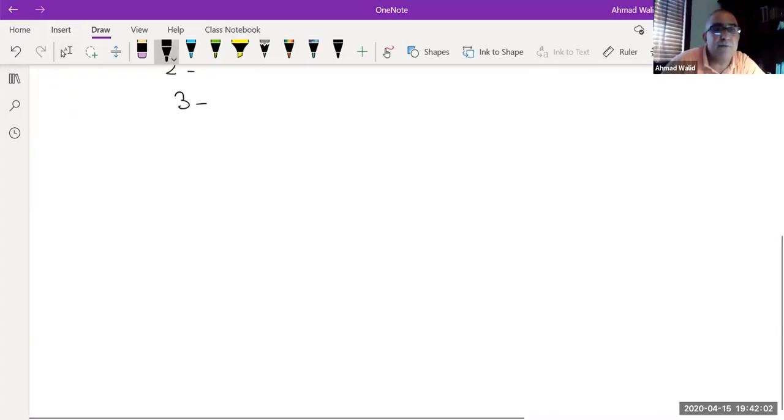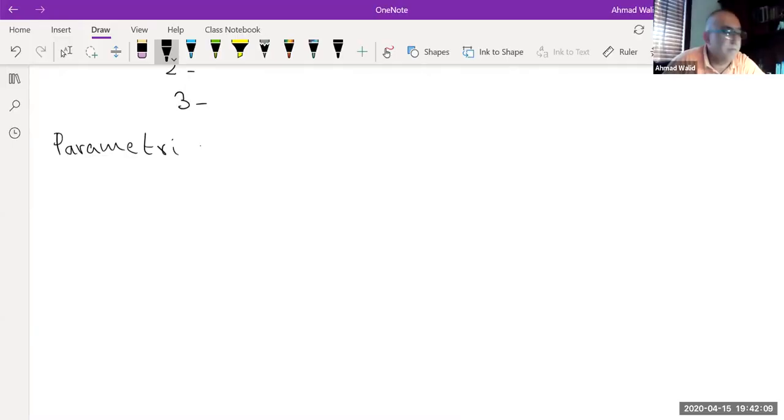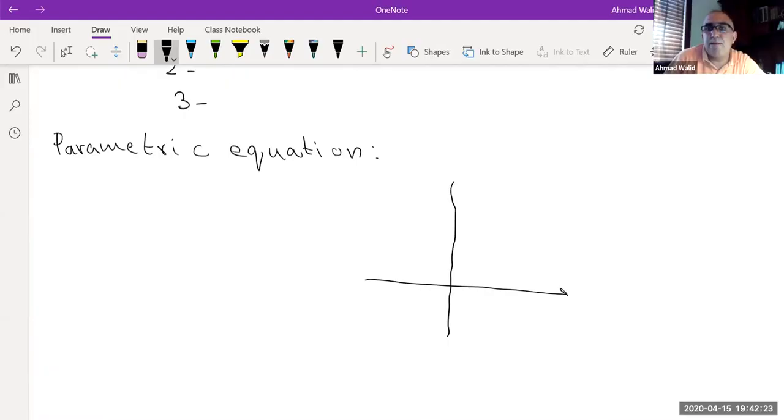Now, if I put this for you, parametric equations, it helps us a lot to talk about those kinds of curves. Look at my graph again. For example, it was something like this. I'll redraw something like a crazy curve for you, right?